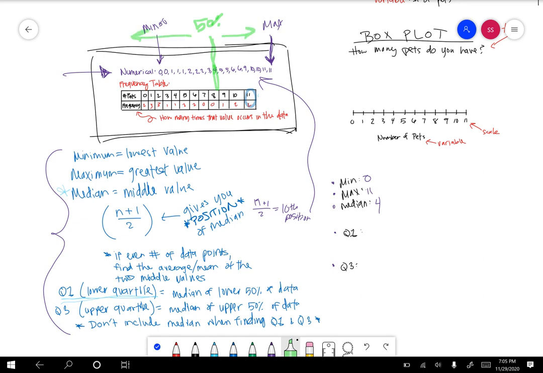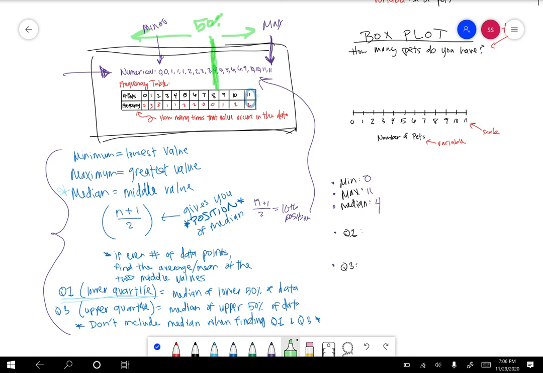Now we basically want to split those 50% into halves again, so we would end up with 4 groups of 25% of the data, hence the word quartile. Essentially you do the exact same thing as when you found the median, only you're using half the data, and you do not include the median, so you don't include this number 4 in there.